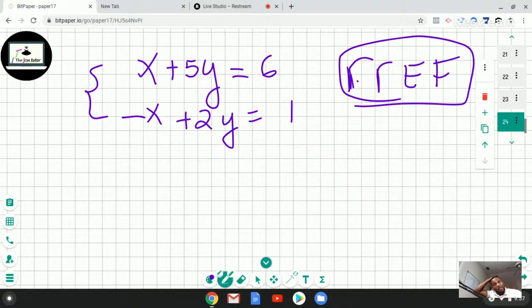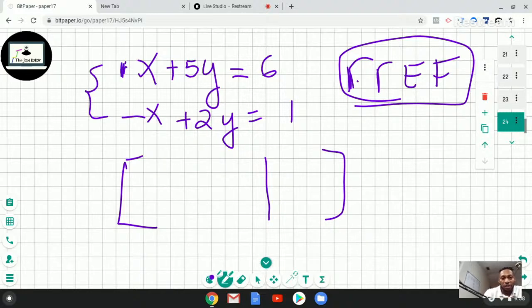So the way you want to do this is think about you have a matrix, and this won't be crazy stuff. I'll show you what we're doing. I'm going to take the coefficients in front of each variable. This one has a coefficient of 1, and this one has a coefficient of 5.